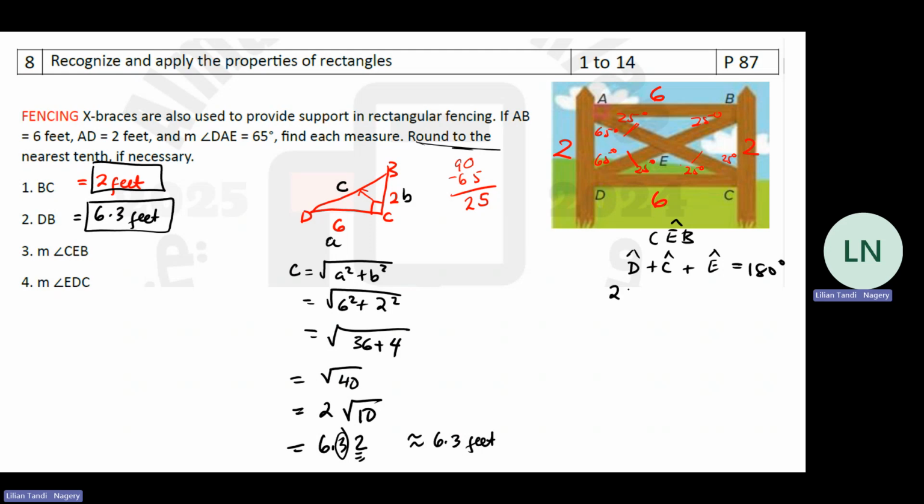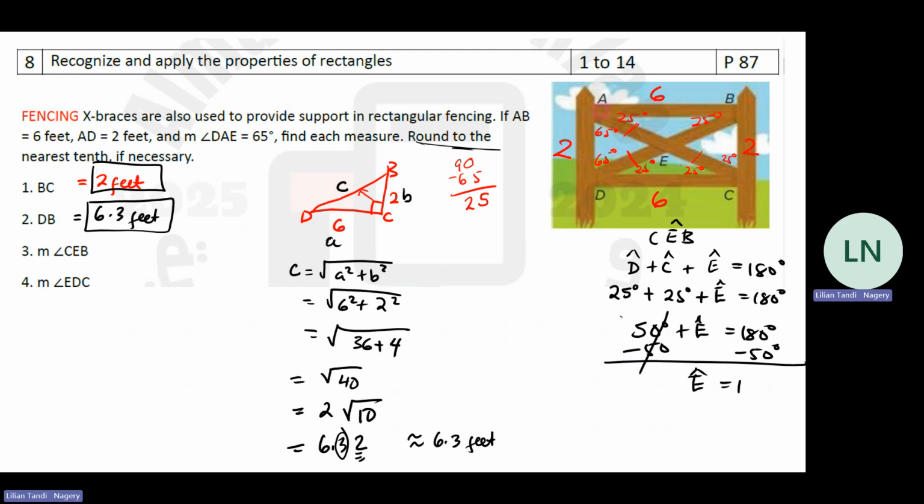Angle D is 25 degrees plus angle C is 25 degrees plus angle E should give me 180. So this is 50 degrees plus E equals 180, minus 50 minus 50. E is 130 degrees, and I put it over here. 130 degrees.